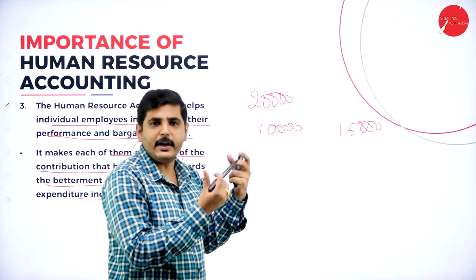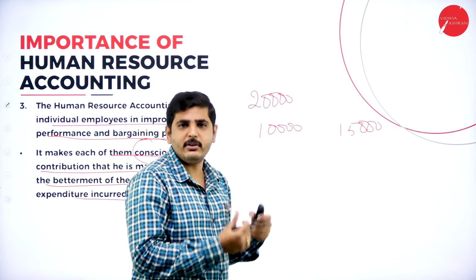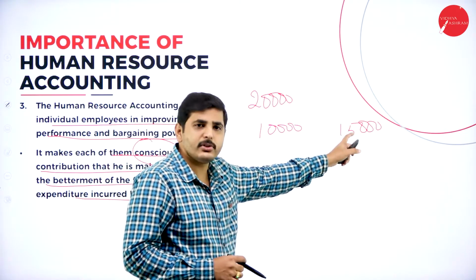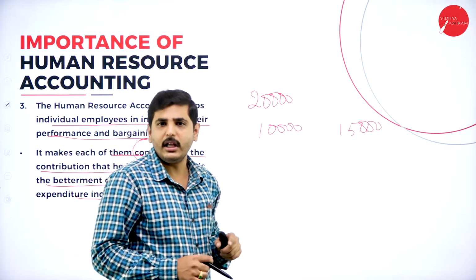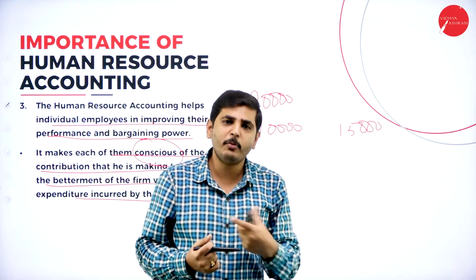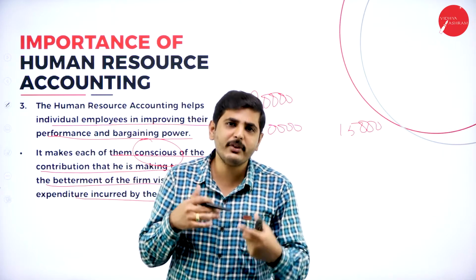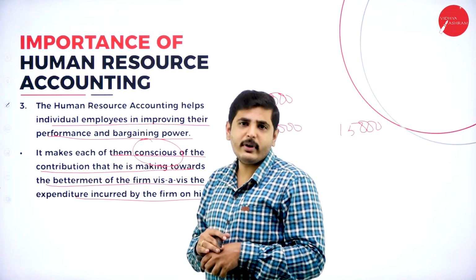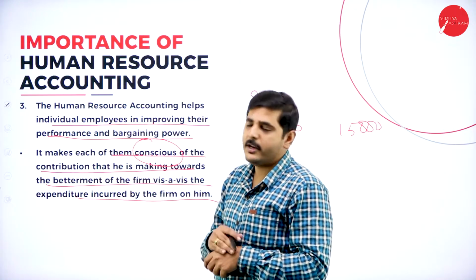I need effective workers. I need quality in work. At the same time, employees can also compare with other organizations. Compared to other organizations, our management is providing more benefits, more salary, so we should work in a more effective way. That's why both will be conscious about their work, salary and other benefits.